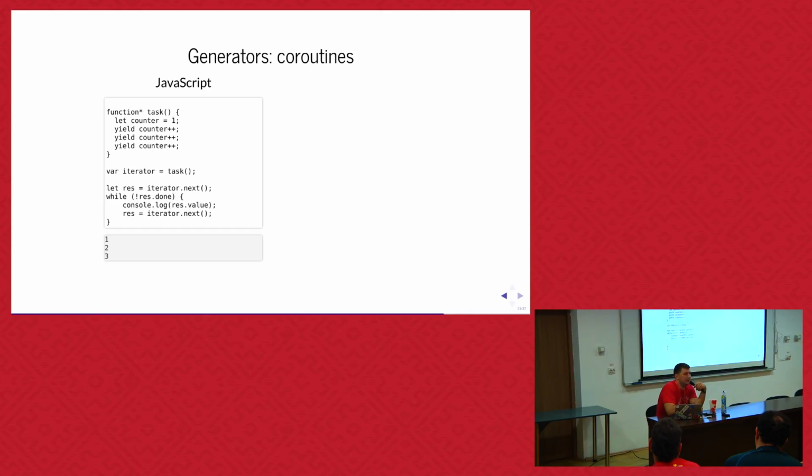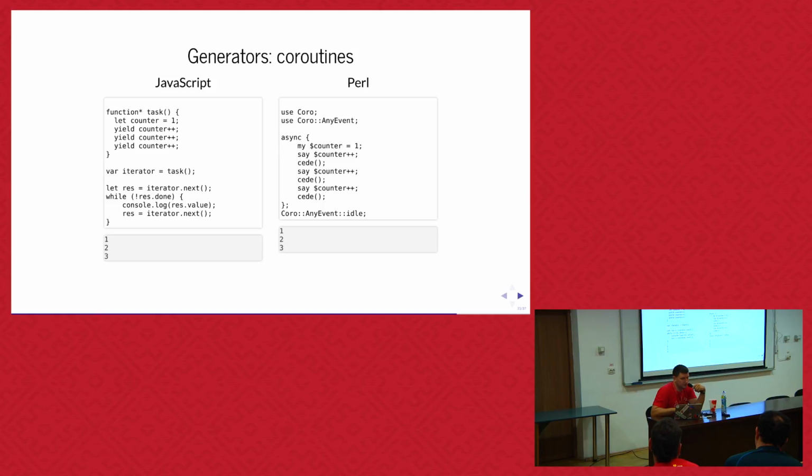Is there an analog of coroutines in Perl? Are there coroutines in Perl? Anyone? Right. The only analog I found is the Coro module, and I don't know whether there are other coroutine implementations, but I know that there are people who use it very efficiently.